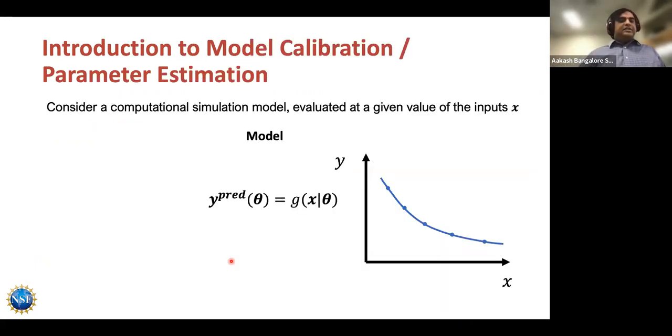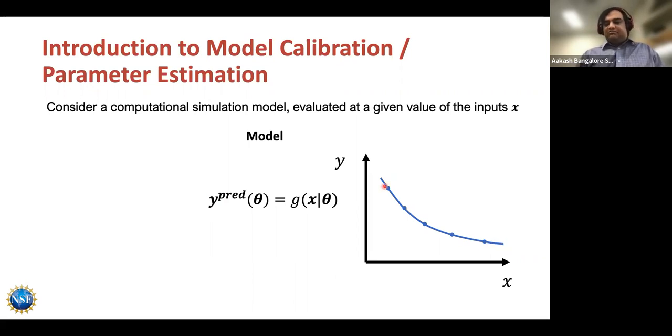So just an introduction to the problem of model calibration or parameter estimation. Let's say you have a computational simulation model, which is represented here by this function g of x. That maps the inputs x to the outputs predicted by the model, which I'm calling y predicted here. And one such relationship is shown here.